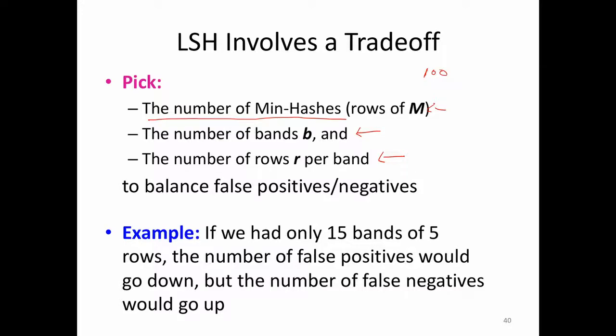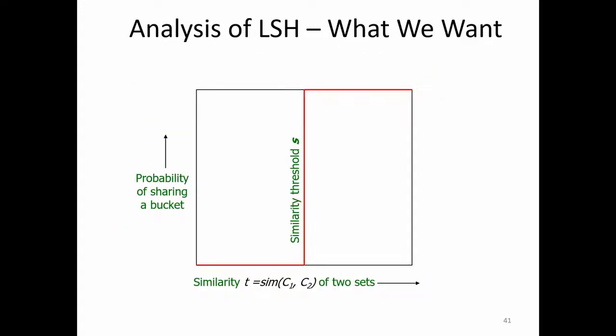Now what would you want? You would want a curve something like this. Suppose t on the x-axis is your actual similarity between the documents, and your y-axis is the probability that they may be declared as candidate pairs.